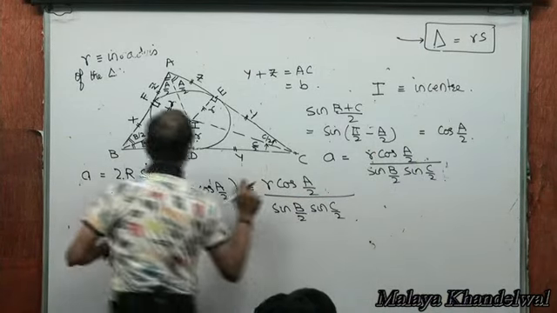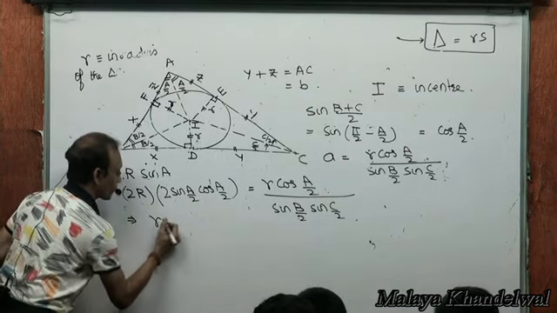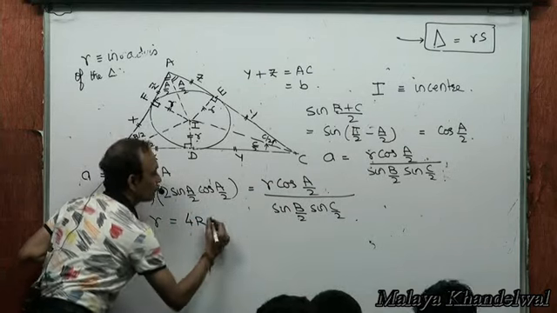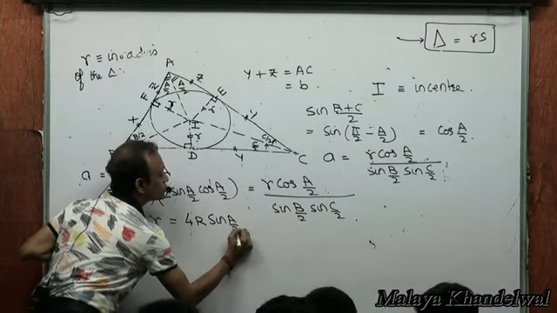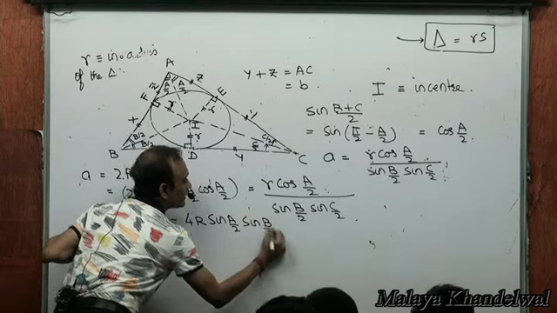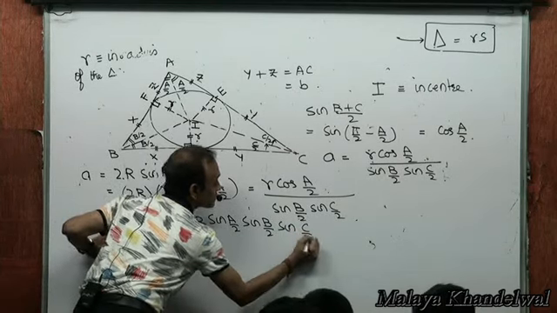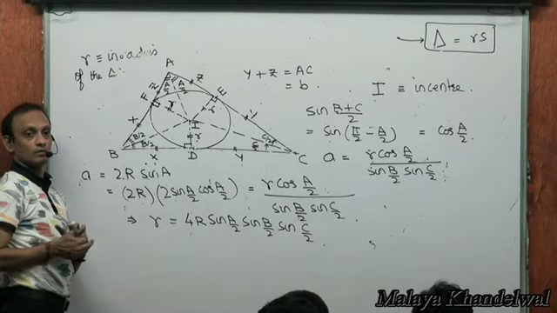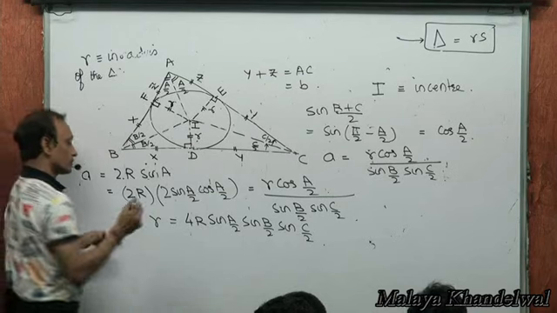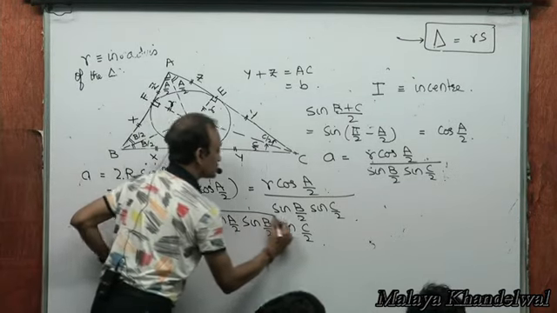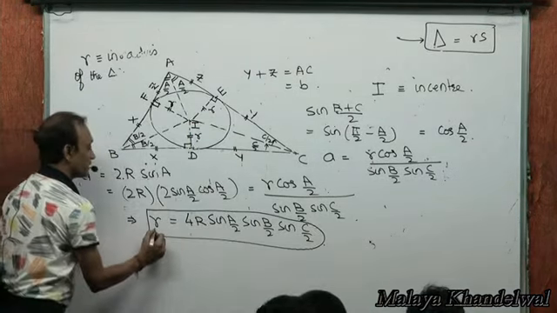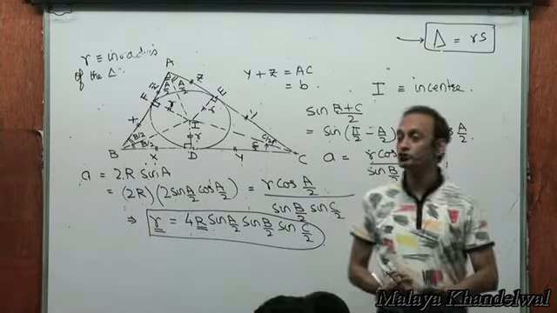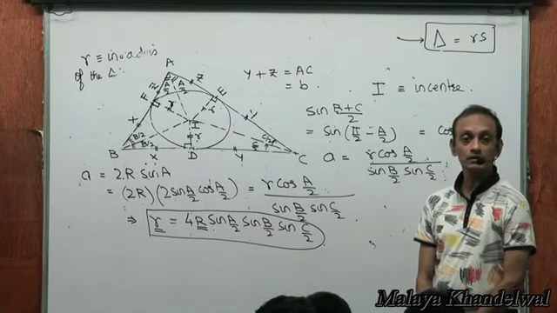So that gives me small r equal to 4R, see, this cos A by 2 will get cancelled, 4R sin A by 2 sin B by 2 sin C by 2. This is the relationship between the inradius and circumradius of a triangle, small r and capital R.